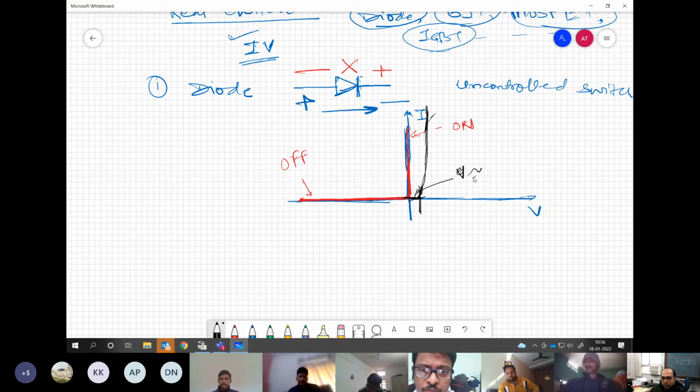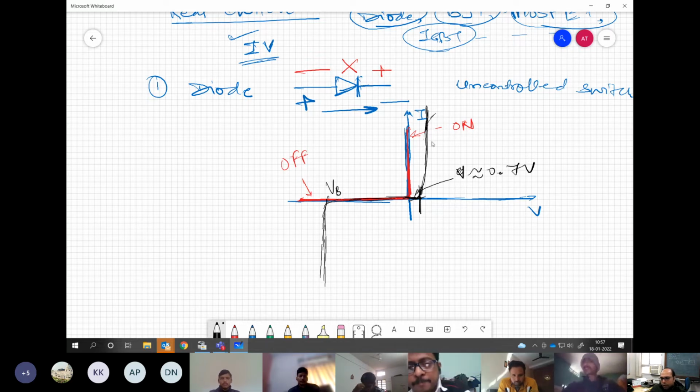This is nearly equal to say 0.7 volts or something. Before that, this does not conduct actually. And when we are applying a negative voltage, there is some breakdown voltage associated with this. It cannot block infinite voltage. After a certain voltage, the junction will break down and it will conduct and it may get damaged as well. Understanding my point? This is the first switch we are talking about.